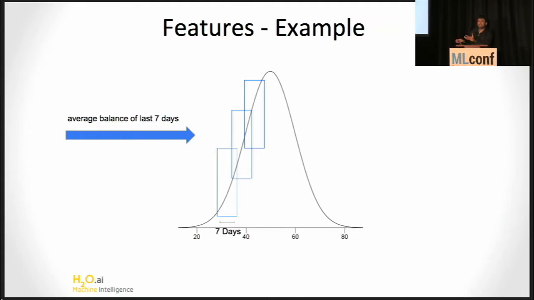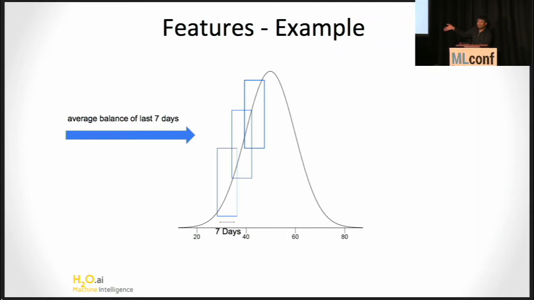So time is a very key component in my analysis. This is just an example feature that I've put out. We're looking at an average balance for the last 7 days. The way we do it is we calculate the average balance for every day, or sometimes even after every transaction.